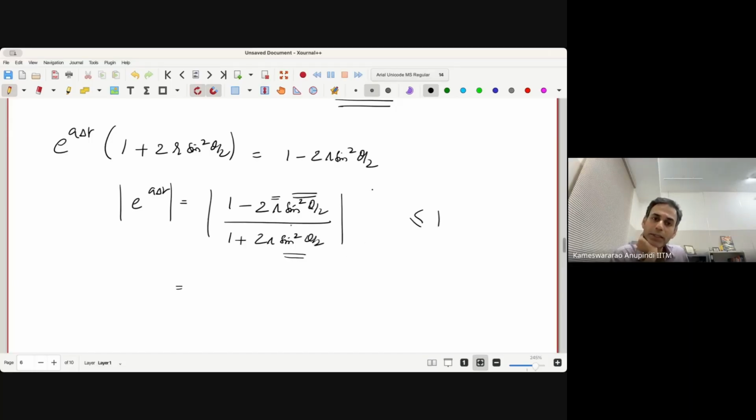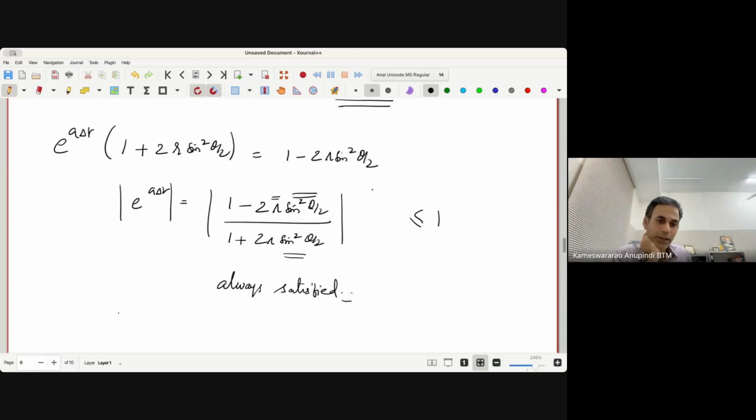If this quantity is less than 1, this is already always less than 1, because you have 1 minus something less than 1 divided by 1 plus something less than 1. Even if this quantity is greater than 1, then minus 2r sine square theta by 2 is going to be smaller than this one, because you have 1 minus this thing and 1 plus this thing. So this condition is again always satisfied.